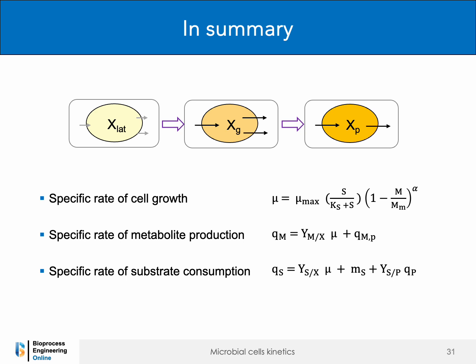These kinetic laws include specific growth rate laws, incorporating substrate limitation and metabolite inhibition terms; metabolite and protein production rate laws, accounting for both growth-associated and non-growth-associated productions; and specific substrate consumption rate laws, considering contributions from growth-associated consumption, maintenance, and product formation. The laws may also include transition rates between the latent, growing, and producing states of cells. These kinetic models provide a fundamental framework for understanding and optimizing microbial fermentation processes.